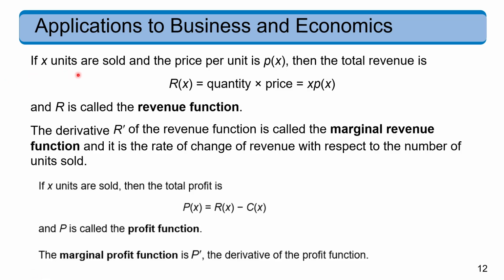If X units are sold and they're charging a price given by this function P of X, then we can calculate the total revenue by taking the number of units produced, times the price per unit. And so the quantity of units is what X is, right? So X goes in for quantity, and then price is represented by P of X. So the revenue function, R of X, has this form, X times P of X.